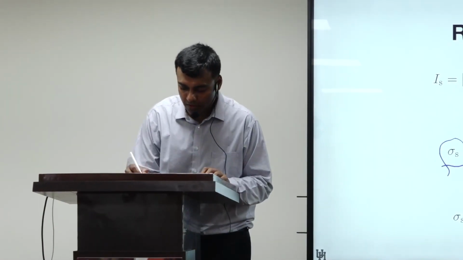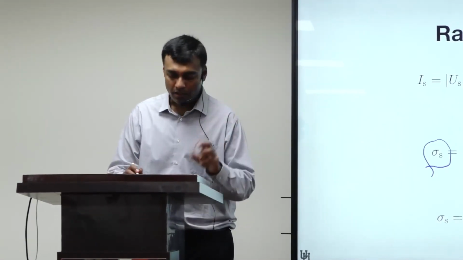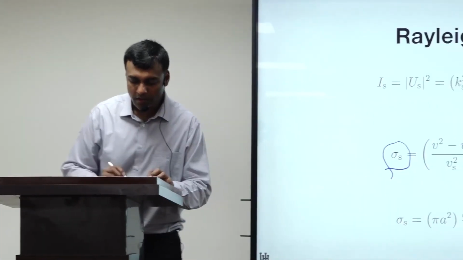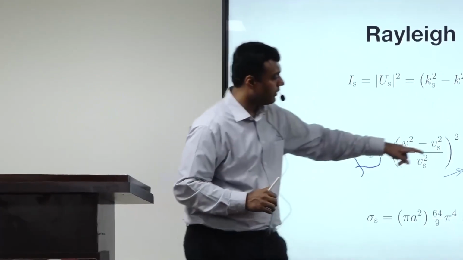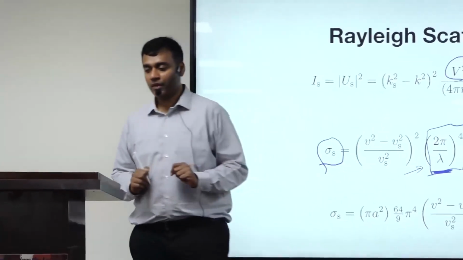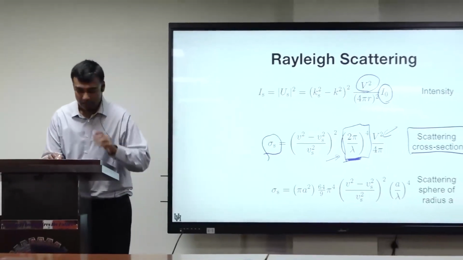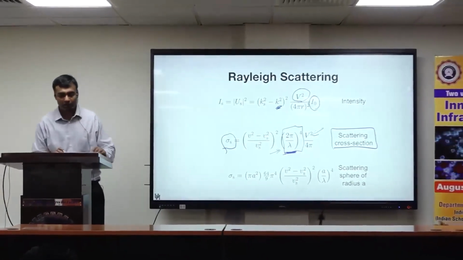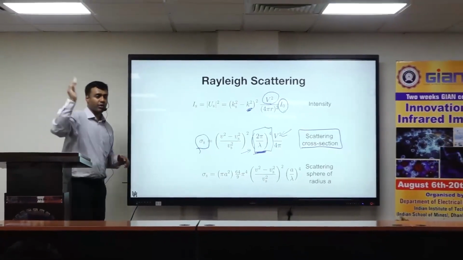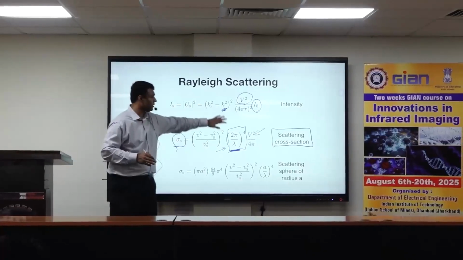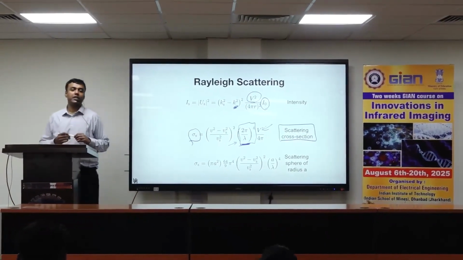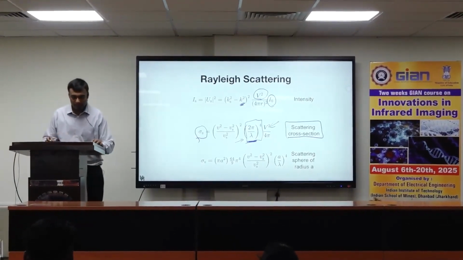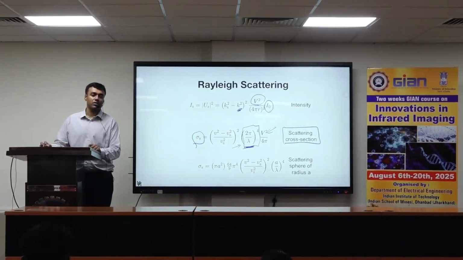That depends on the volume of the object. It also depends on the wavelength of light. Not only that, it depends on the wavelength to the power 4. K is 2 pi by lambda, and there is k square, so there is a power 4 relationship of the scattering cross section.